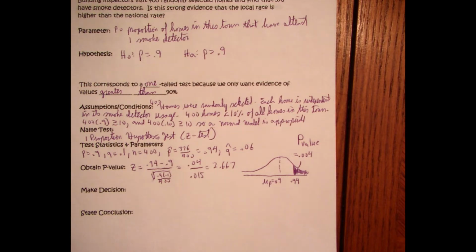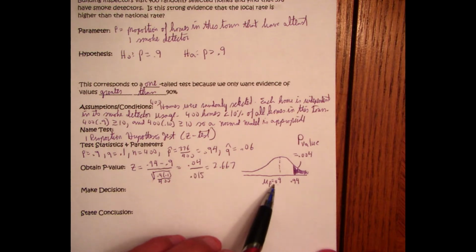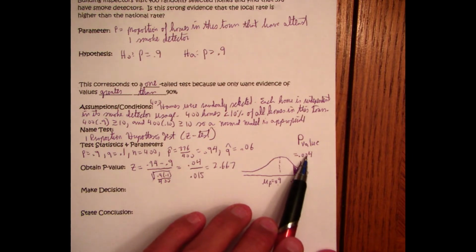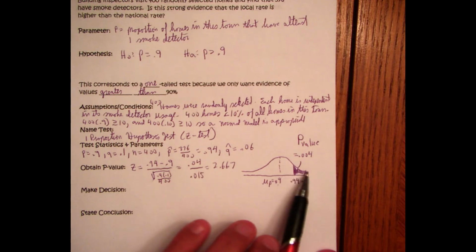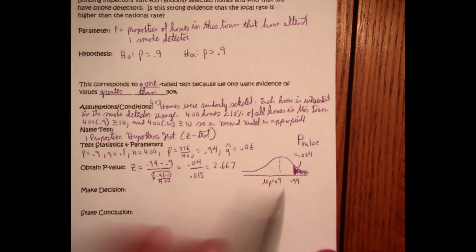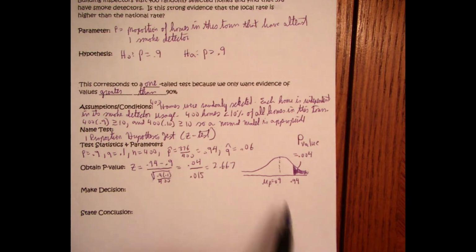So what I'm saying is, if this is true, then this shaded region is highly unlikely, because there's only a 0.004 chance that we would have gotten this shaded region with this sample if this null hypothesis was true. So it's not likely we would have gotten that sample. So what does that mean? Well, that must mean that the null hypothesis must not be true.